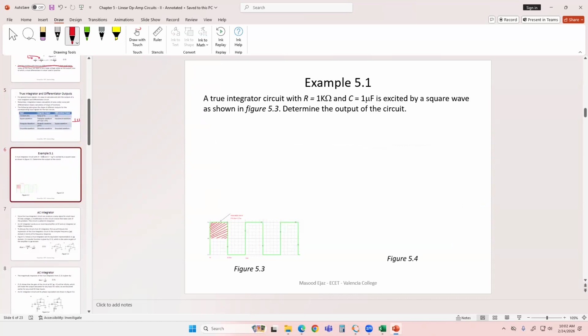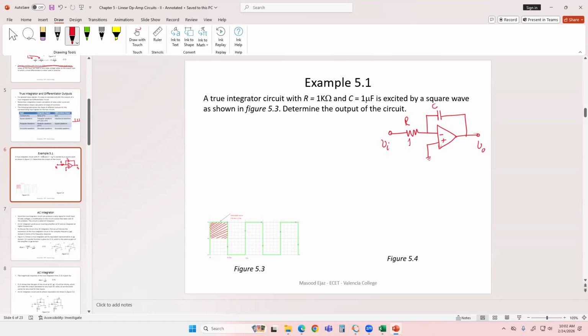Okay, let's look at example 5.1, a true integrator circuit. So you have negative, positive. This is your circuit, true integrator circuit. This is your input, and this is your output.